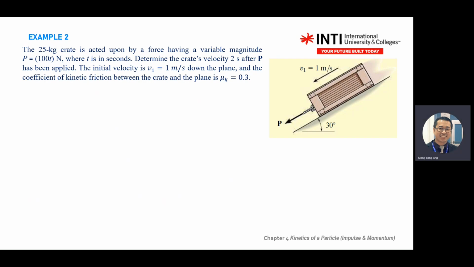Initial velocity was given, and the coefficient was given. Now you need to consider friction force. Mu equals 0.3. Can you solve this one? Try to solve this one. I give you maybe 3 minutes or 5 minutes.